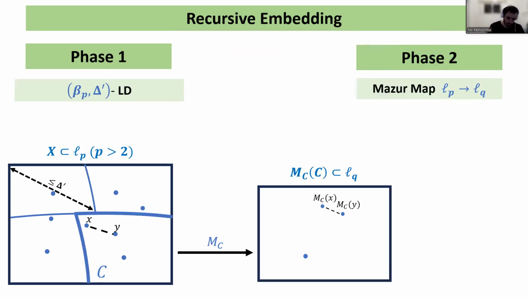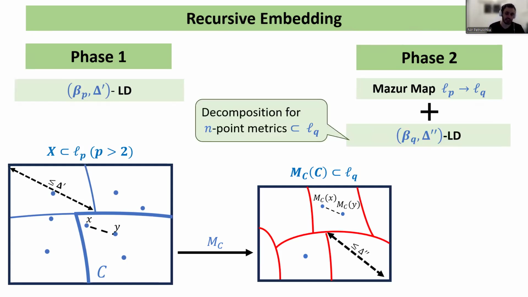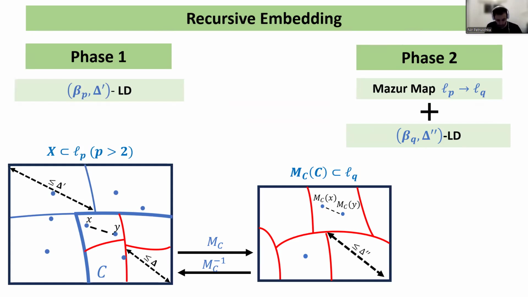We'll map it to LQ using the Mazur map, which will roughly preserve the distances. And then we'll construct a decomposition in the target space, and we'll use it to refine our original decomposition and get the diameter bound back down to delta as we wished.